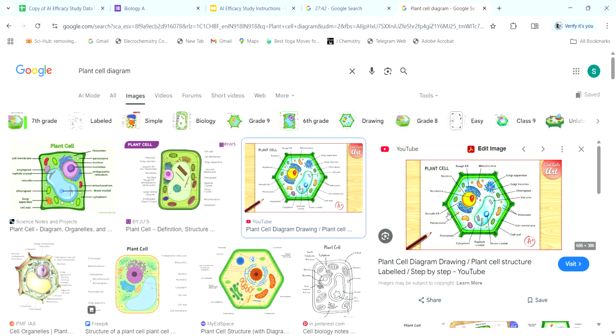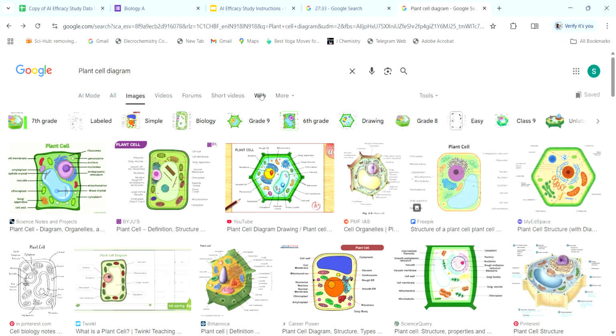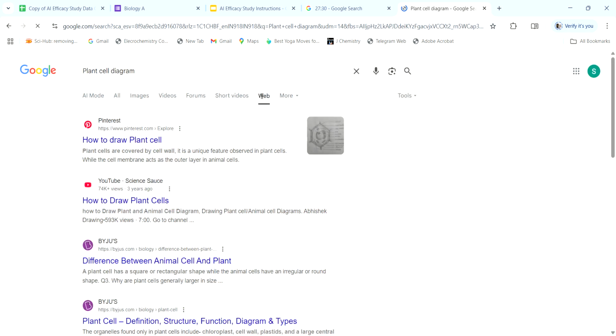So what is actually the basic difference between these? What is the basic difference between plant and animal cell?